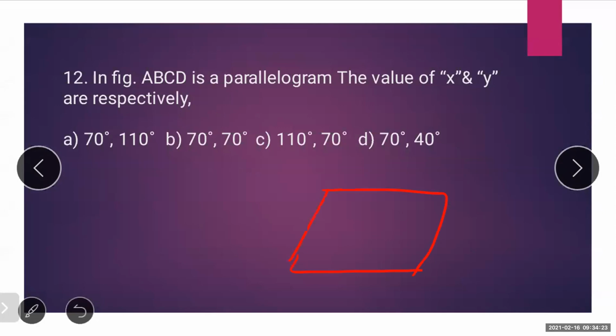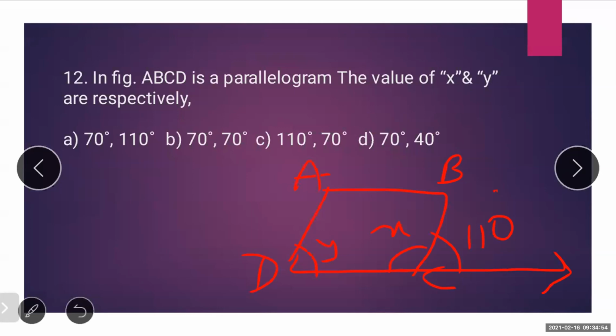Suppose that this is a parallelogram A, B, C, D. Now I'll extend B as y and C as x. This measure is given as 110 degrees. Now this diagram I have drawn just now.